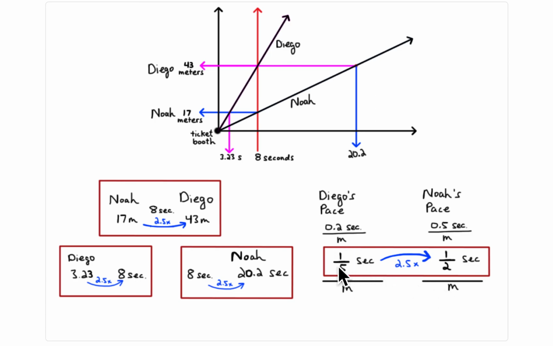So this is faster. It's moving just 1/5 of a second in 1 meter. That's faster than taking 1/2 of a second to move that same meter, and they are related by that same 2.5 times. So I hope this makes sense. I would go through this carefully and just think about it.